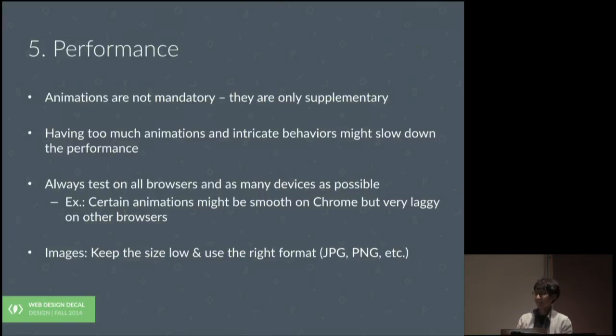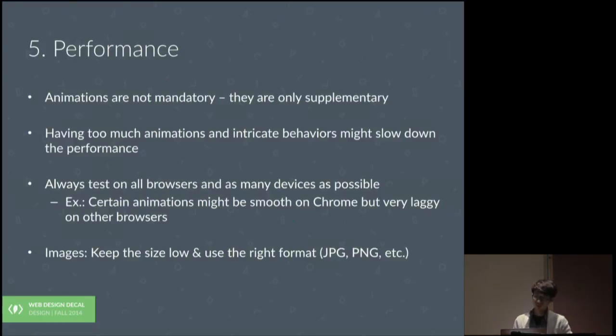CSS animations are not that taxing for your computer, but JavaScript animations and JavaScript calculations are very, very taxing on your computer. And because JavaScript runs on your web browser, it depends on how powerful your computer is too. If I'm making a website and testing on my MacBook Pro Retina, it might work, but if I test it on my mom's computer, which is like a 2006 HP, it might lag like crazy. So it is very important that you use animations only when you have to.